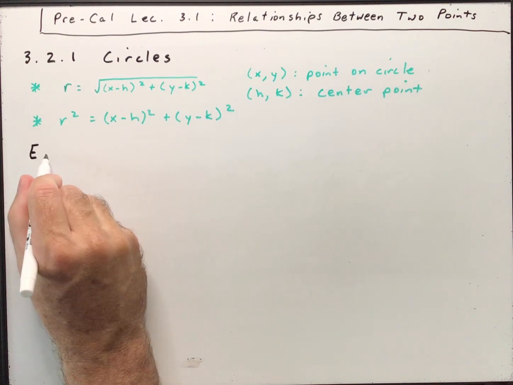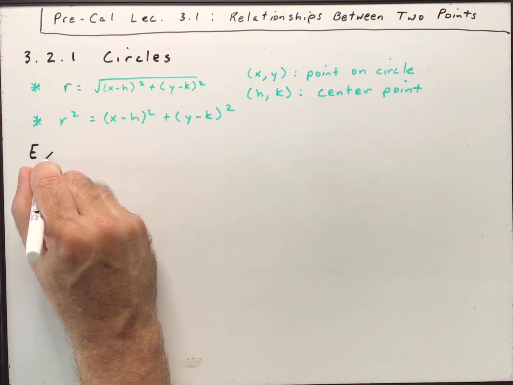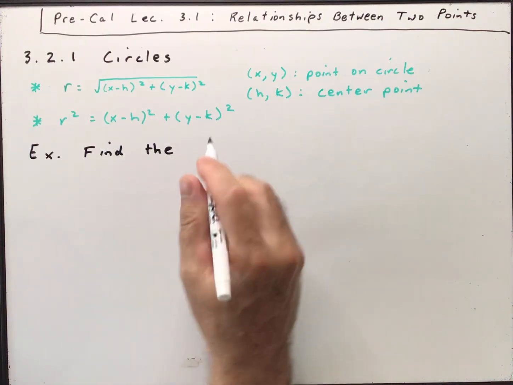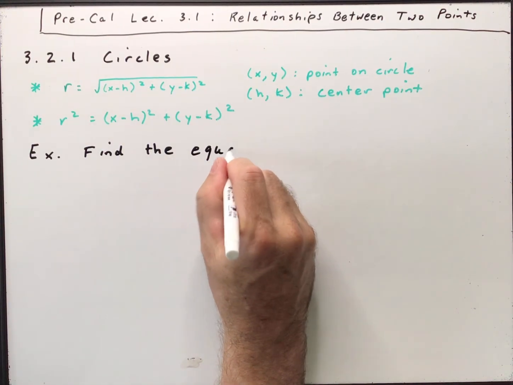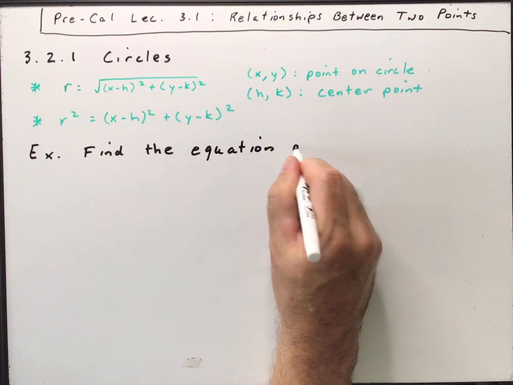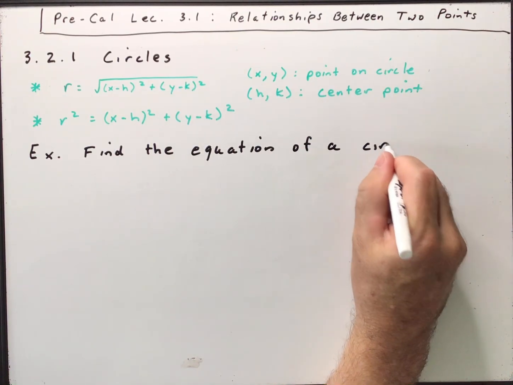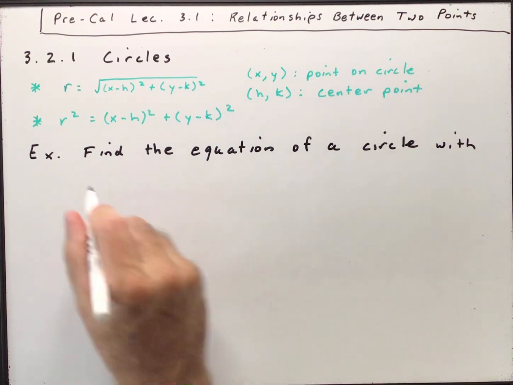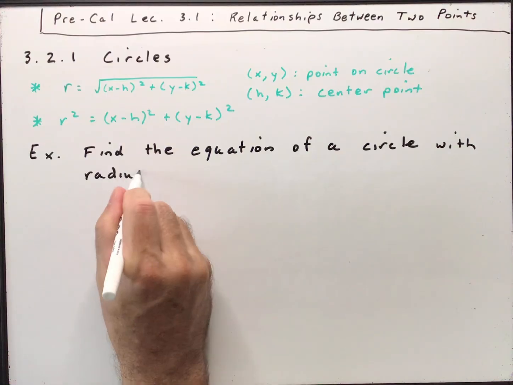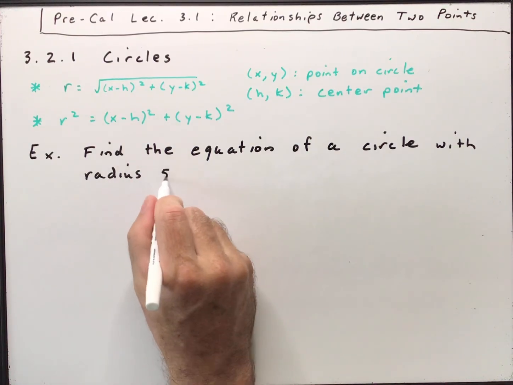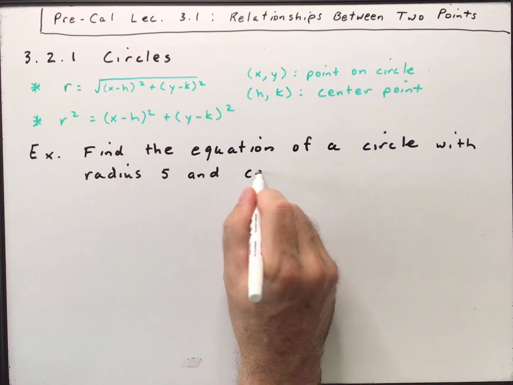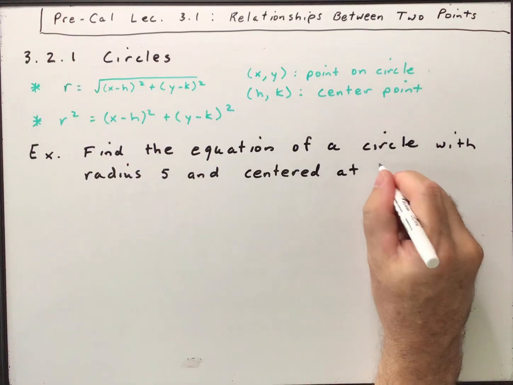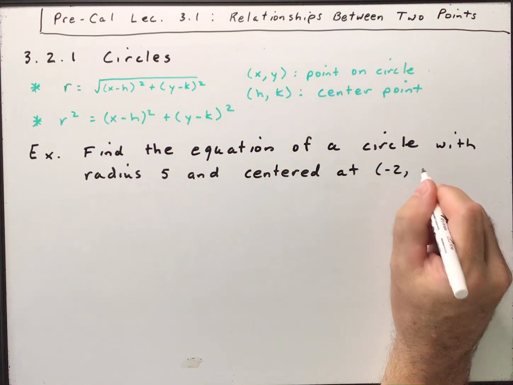So let's work a couple of examples here. Find the equation of a circle with radius 5 and centered at -2, 3.